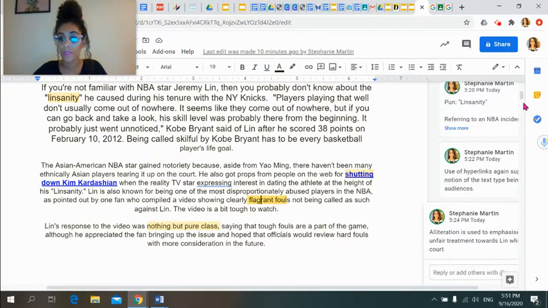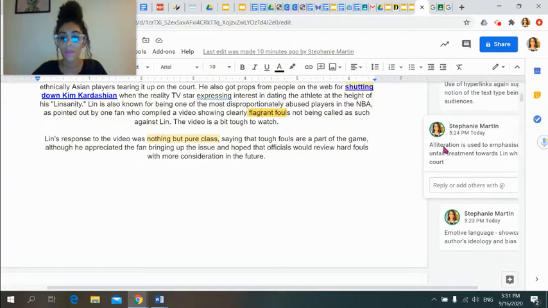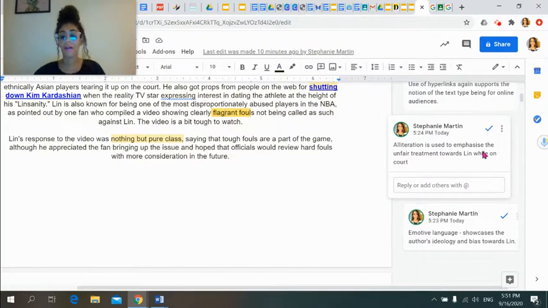So if you have a look here, I've highlighted "flagrant fouls." This is alliteration. So the repetition of the F sound, and that alliteration here, Year 12, is just used to emphasize the unfair treatment that's been placed on Lin while he's been playing on the court. So "flagrant foul," emphasizing that it's not just a foul, it was a flagrant foul.